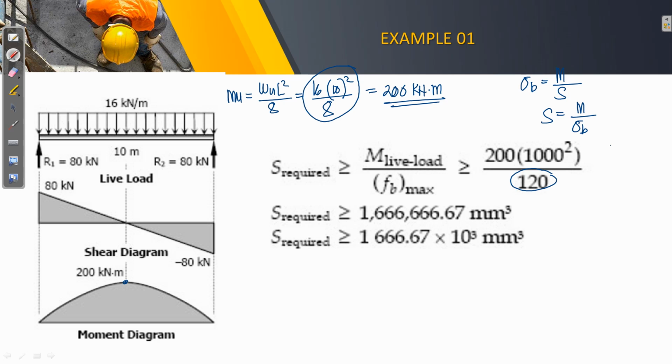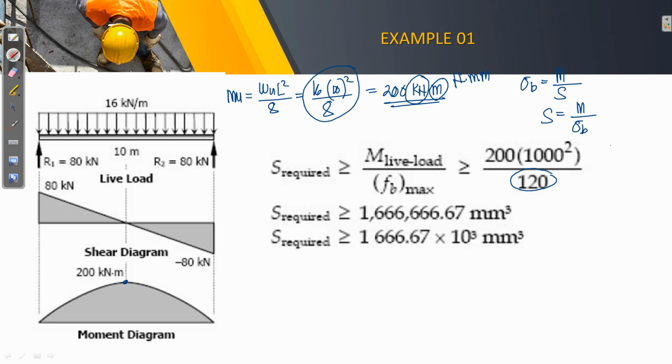So in this criteria, we're going to determine the required section modulus based on the live load derived, and that is 200 kilonewton meter, multiplying that by 1 million, of course, to express this in terms of newton millimeter, so that it may jive with the unit of megapascal here. So from that, we can determine the value of your section modulus in terms of millimeter cube.